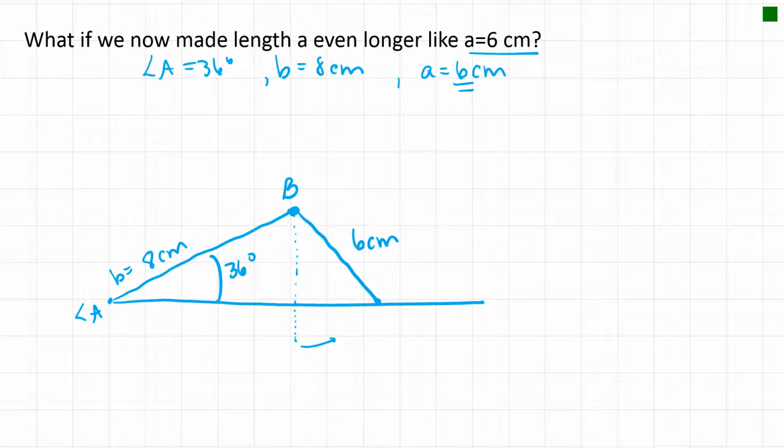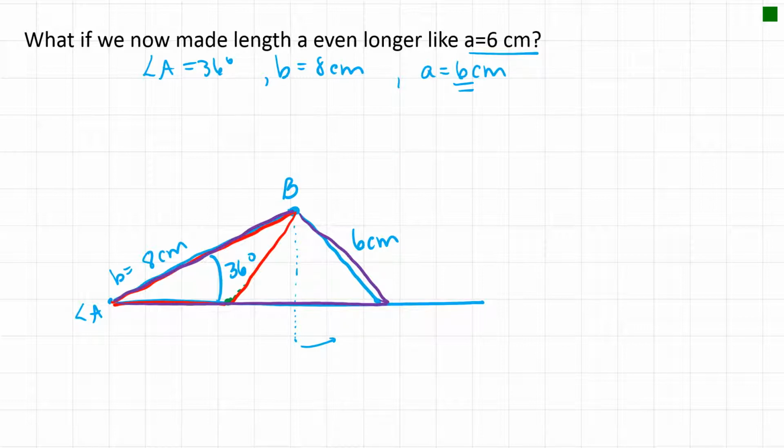And notice I can make a triangle. But what made me decide to swing right? Could I have swung that 6 centimeter side this way? Sure. That means I actually have two possible triangles. This one right here in red, and let's do it in purple, the purple one right here.